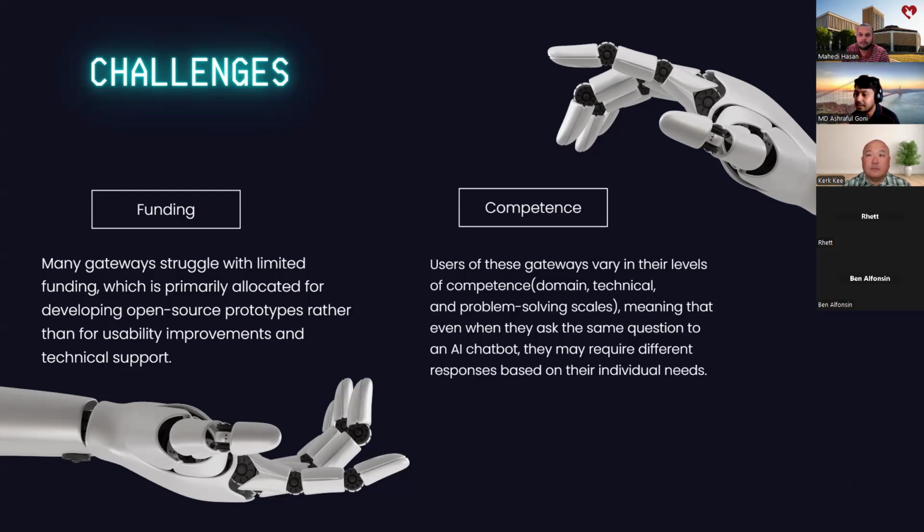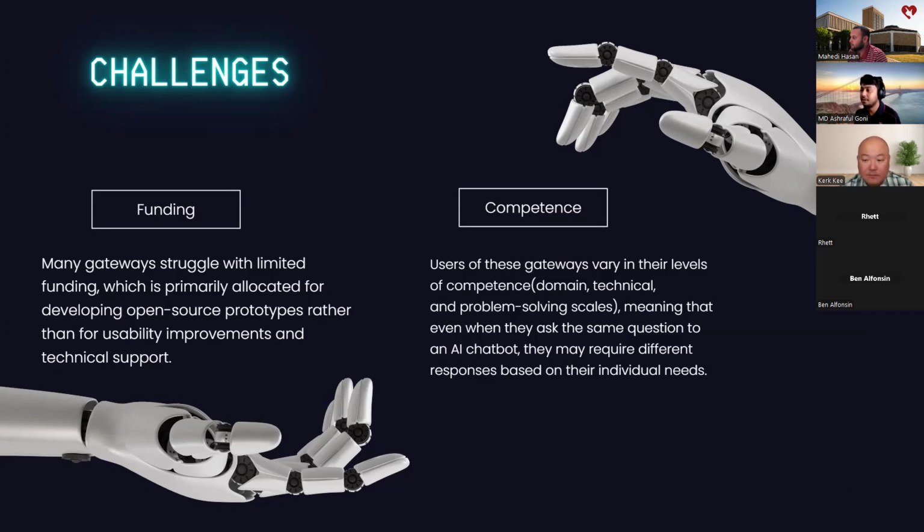Second is competence. So when we are making a platform or gateway for a very specific community, the gateway developer does not consider the nuances between the users. For example, if I make a gateway for only media and communication people, or only the people who study games, for example, Ben, he studies that, but at that moment, I will consider the entire group of people who work on gaming as a single community.